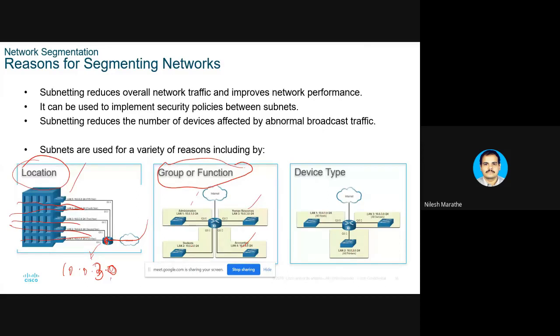Broadcasting for searching the PC 10.0.3.10 will be done where? Is it going to broadcast to all floors?